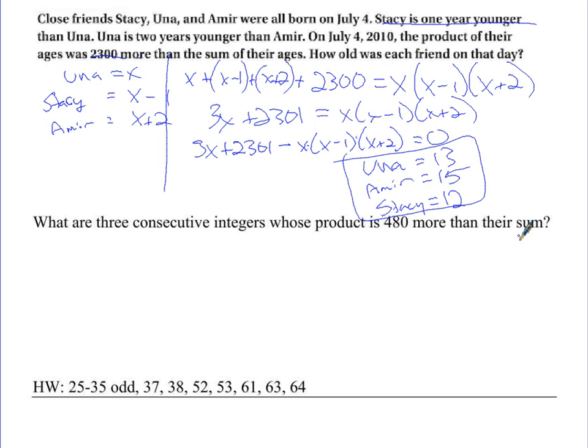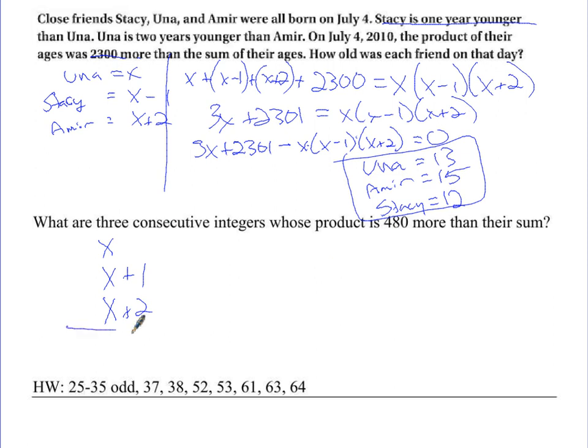So I need to define one variable for all 3 of those integers. X, which means that my next number will be x plus 1, which means that my next number will be x plus 2. Now, the sum of those numbers is going to be 480 less than the product of those numbers.